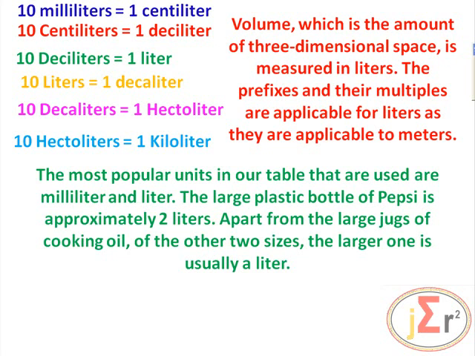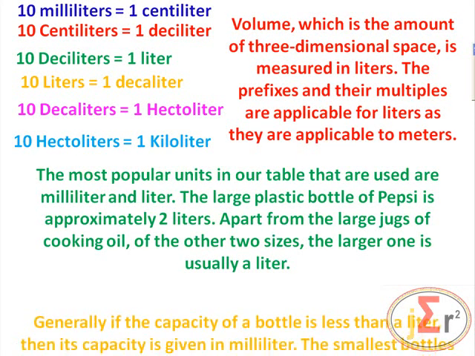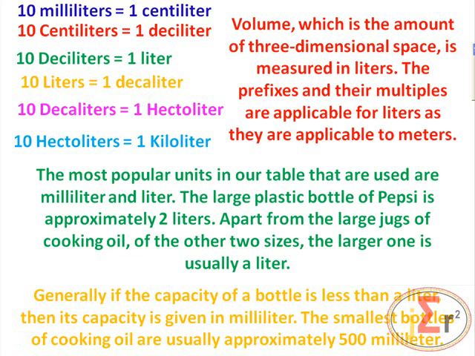And what about the milliliter? Any size that is below a liter is usually quoted in milliliters. Generally, if the capacity of a bottle is less than a liter, then its capacity is given in milliliters. The smallest bottles of cooking oil are usually approximately 500 milliliters.